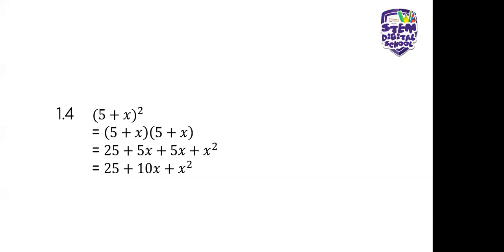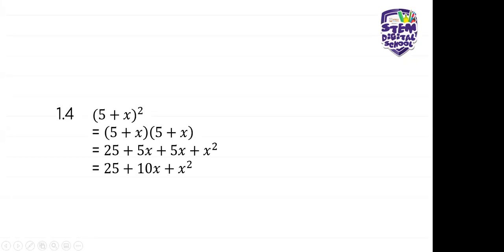Most importantly, when you multiply a binomial by a binomial, firstly, you have to multiply the whole second bracket by 5.